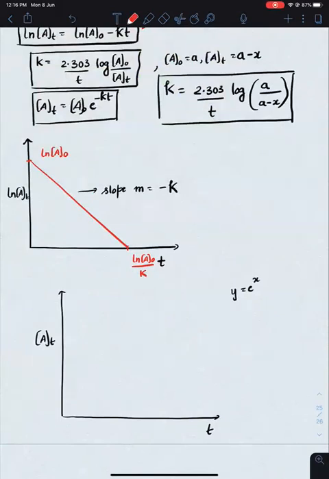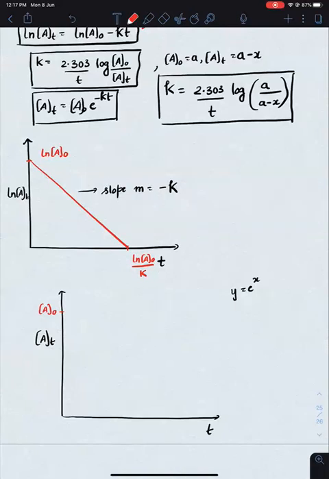If time t is equal to 0, what is the value of At? A naught. Is equal to A naught. For At to become equal to 0, what is the value of t? AT 0 होने के लिए t कितना होना चाहिए?